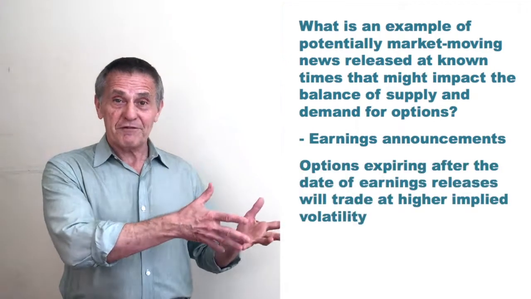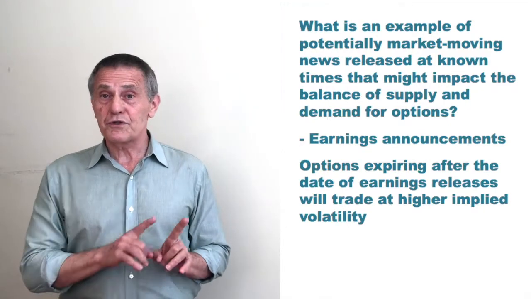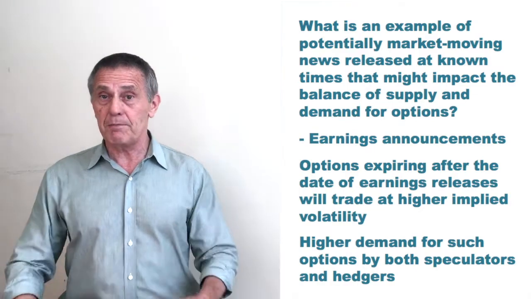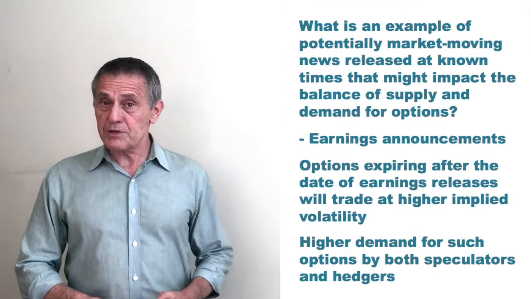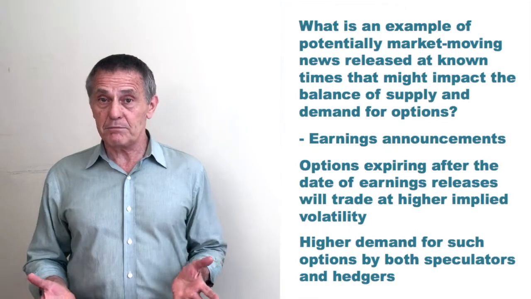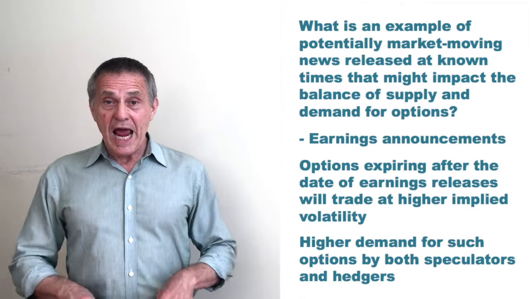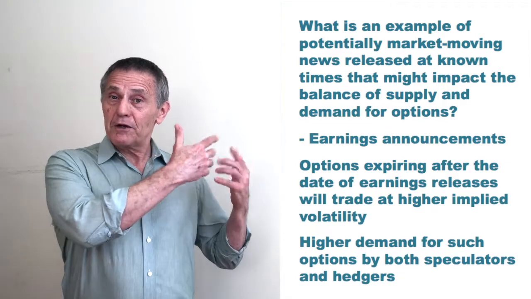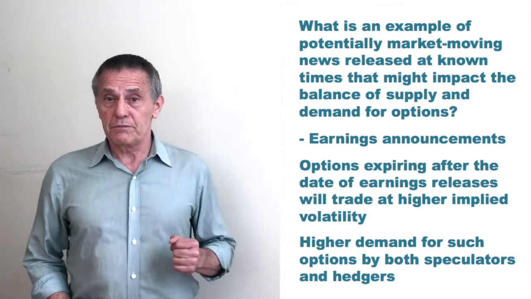Those that expire afterwards have much higher implied volatilities. Why? Well, of course, there's much bigger demand for the options expiring after the potentially market-moving news comes out. You've got people wanting to buy those options either to profit by the expected move or maybe defend existing positions from the feared move in the stocks. And that bigger demand for options that will expire beyond the date of the earnings announcement is reflected in the form of higher implied volatility.